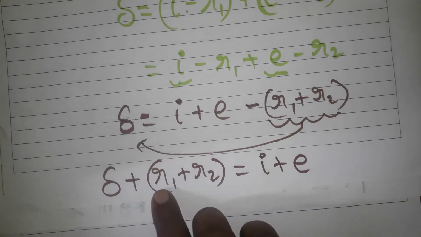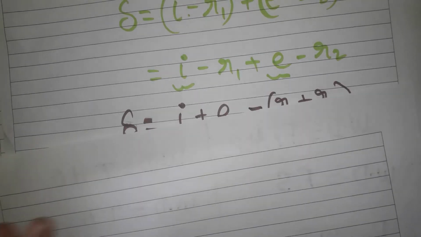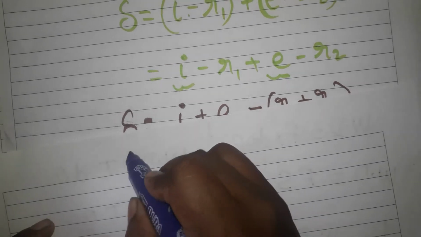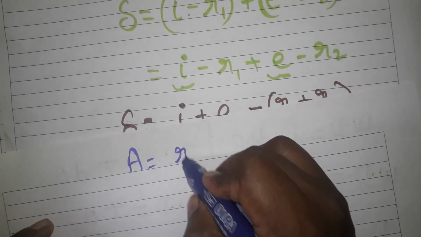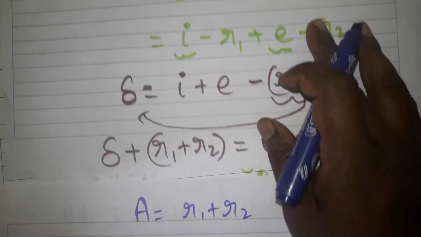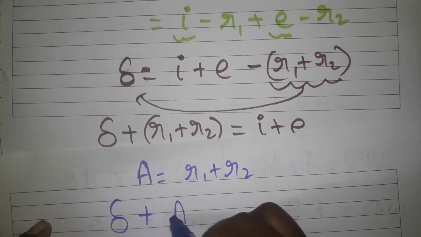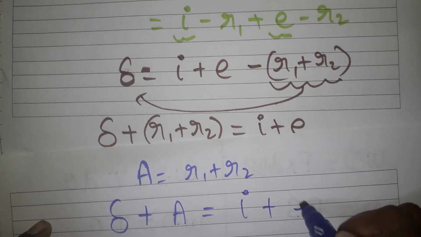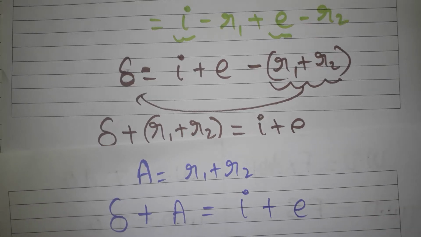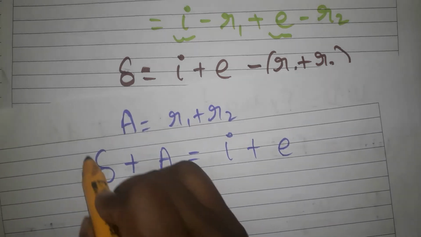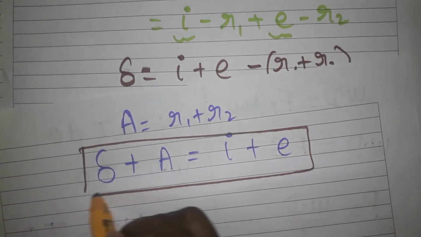A is equal to R1 plus R2, I have taken. I will tell you why also. If we take A equal to R1 plus R2, it means deviation plus A is equal to I plus E. So we got the prism equation. The first equation which I wrote, we derived, is actually the prism equation.